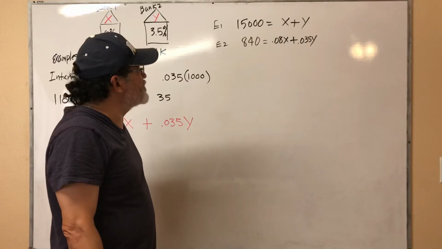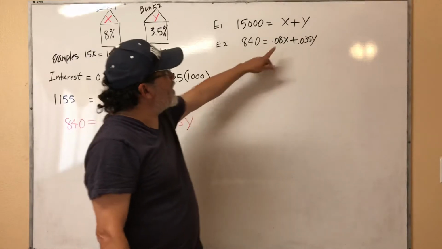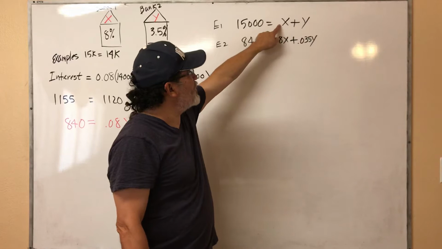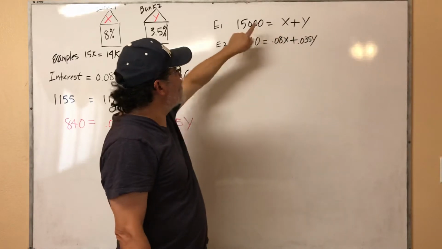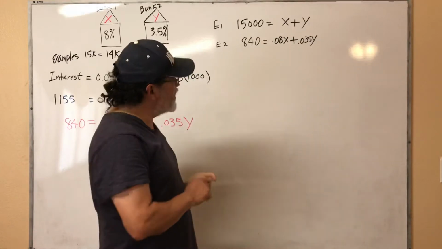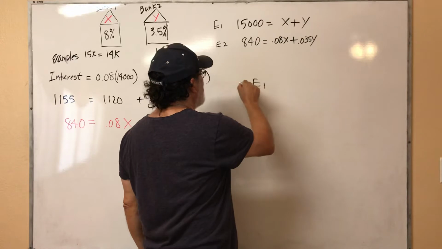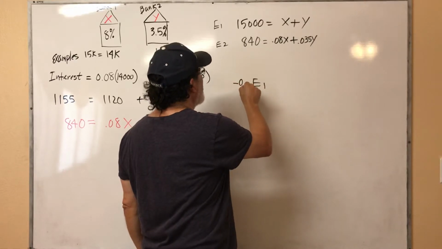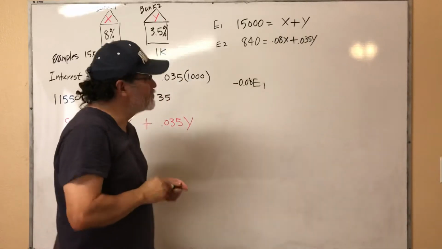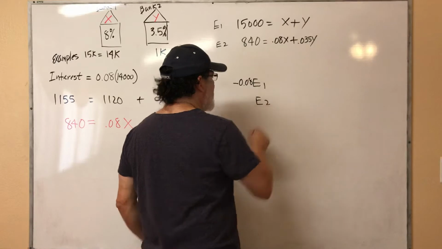Let me see. Watch this. I can get rid of x by multiplying equation 1 by negative 0.08. So I'm going to say equation 1 by negative 0.08. Equation 2 remains the same.